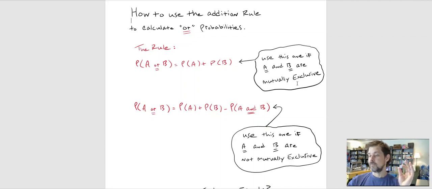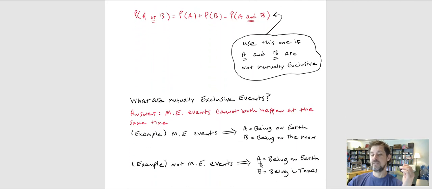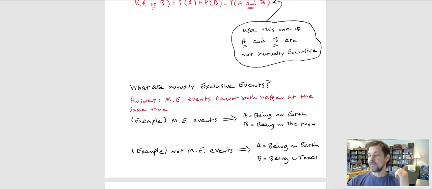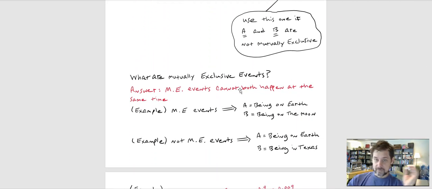Now let's talk about what it means for events to be mutually exclusive. Here's the answer to that. Mutually exclusive, which I abbreviated ME for the purposes of this, means they cannot both happen at the same time. That's what it means to have events that are mutually exclusive. I'll give you an example.